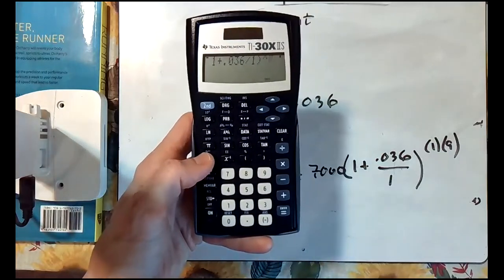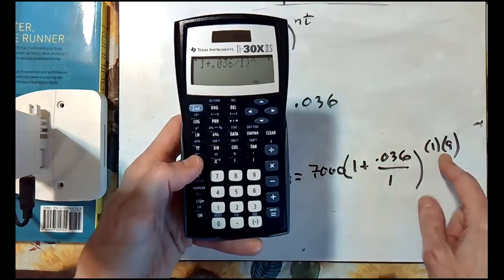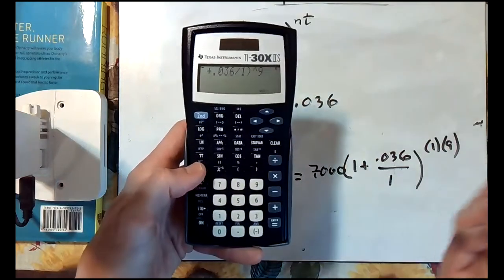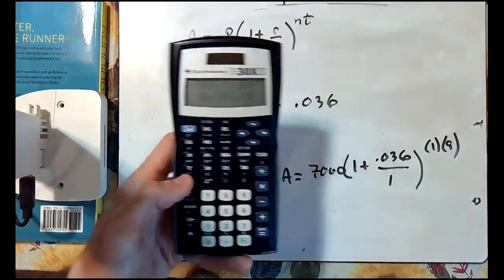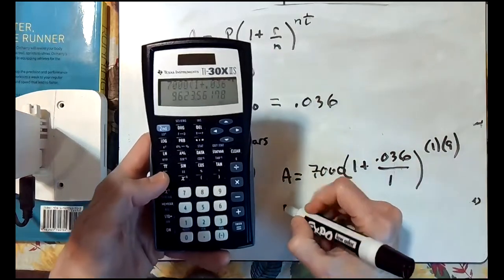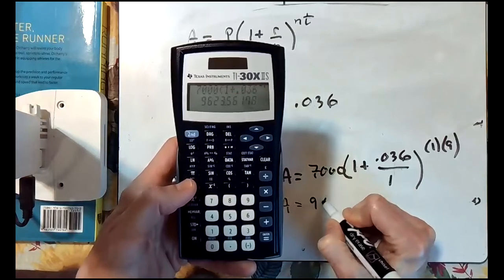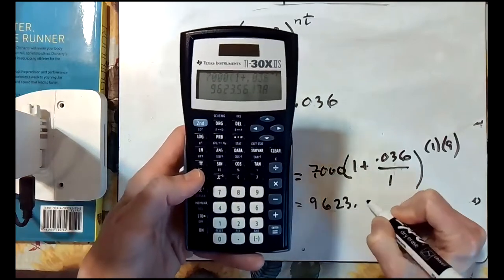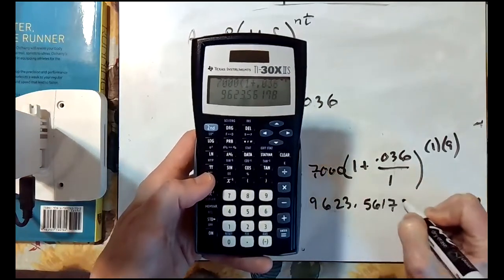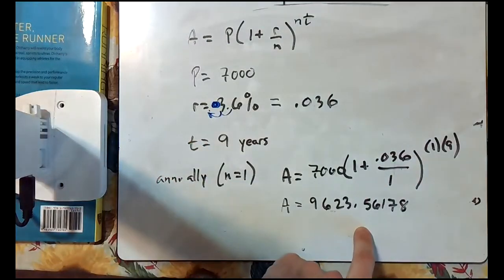That's the caret key, raised to the 1 times 9. But we know what 1 times 9 is. It's 9. I'm not going to write 1 times 9. And then you hit enter. So now you notice we have this amount of 9,623.56178.